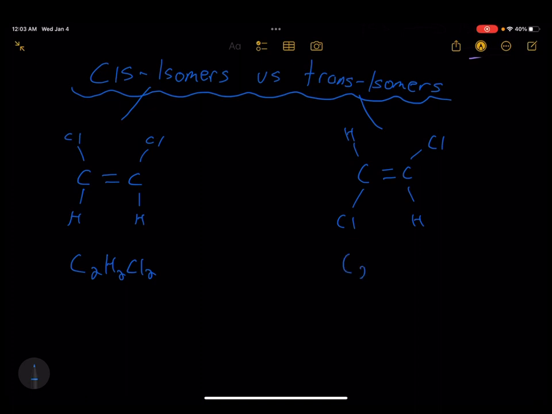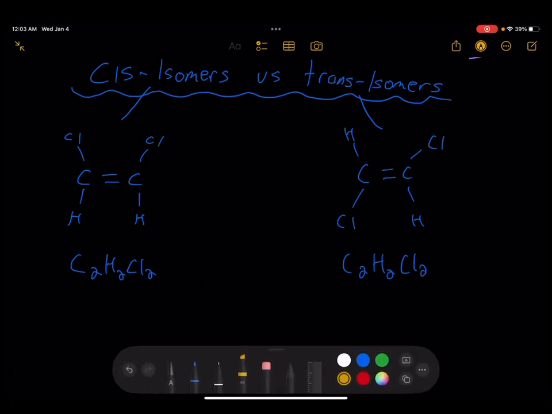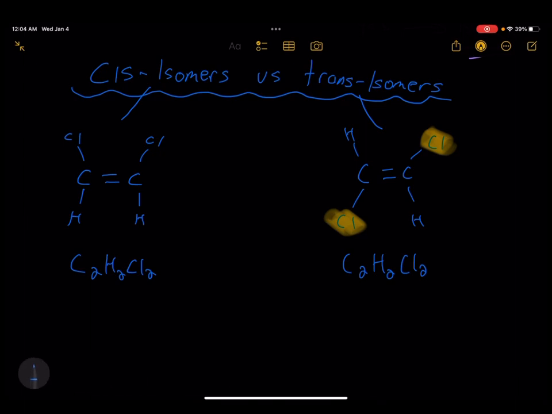Now this formula would still be C2H2Cl2, but this spatial arrangement, particularly here, okay, and I would say even more so, specifically the chlorines over here, will lead to a different stability structure.